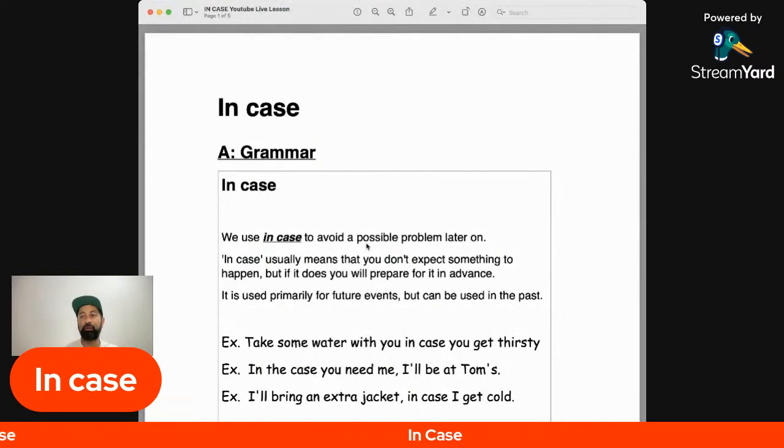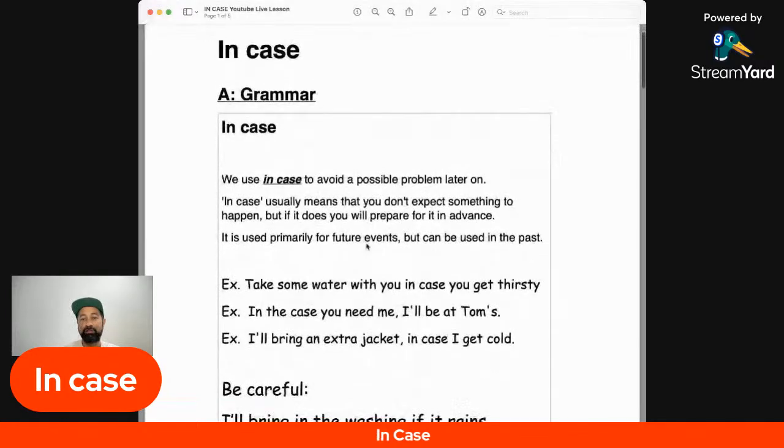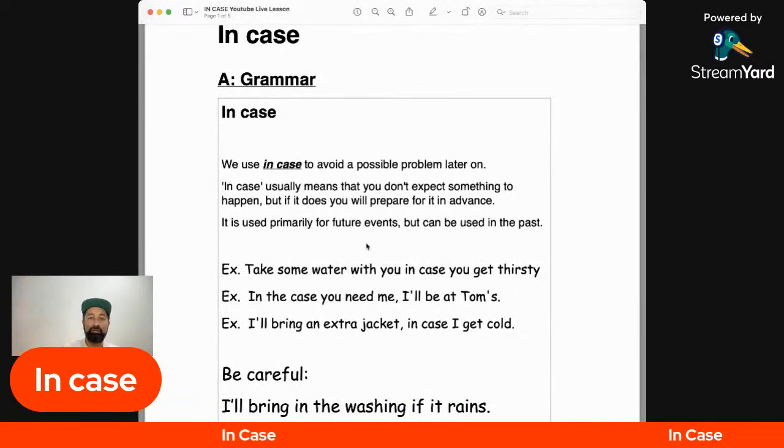Now, first, before we can use in case, it's really important that we understand what it means. What does in case mean? I need to understand this before I can use this. If we look at the very first sentence, I'll bold it in blue here, it says, we use in case to avoid a possible problem later on.